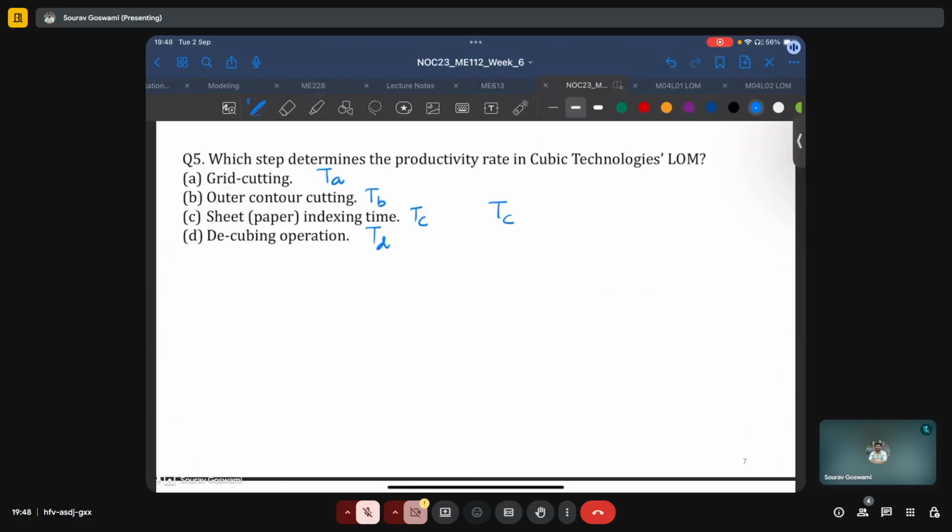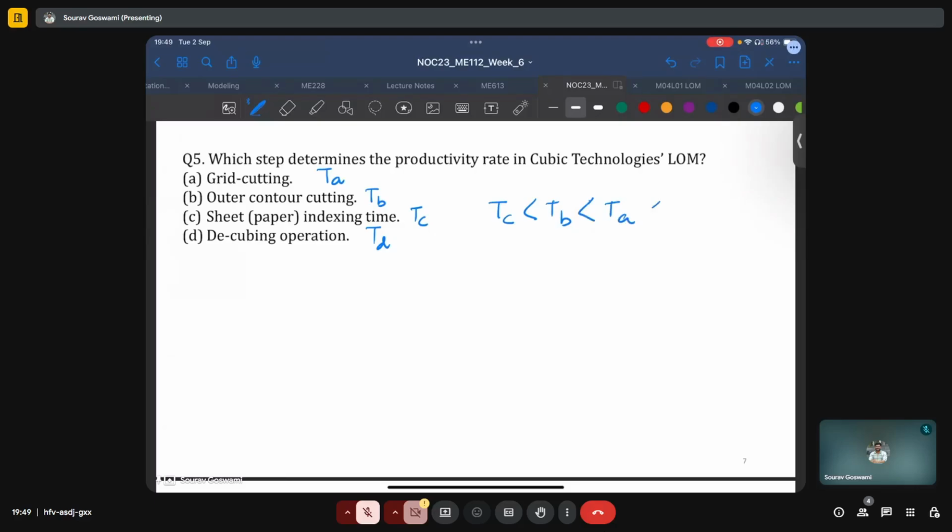The outer contour cutting is expected to take more time than indexing, but of course they will be comparable. It may even be smaller in some cases if the contour is very simple or very small, but typically it will be slightly greater than the indexing time, but smaller than the grid cutting time, which is expected to take comparatively more time than the outer contour cutting.